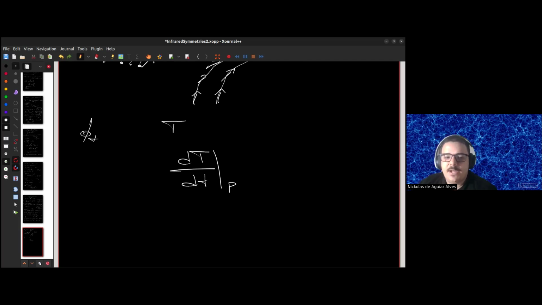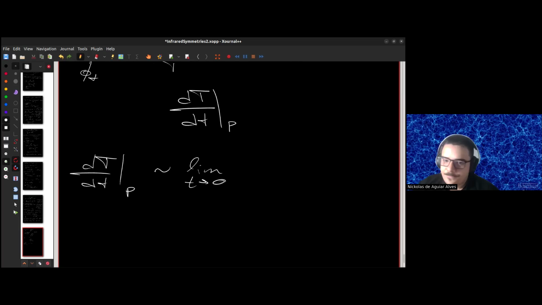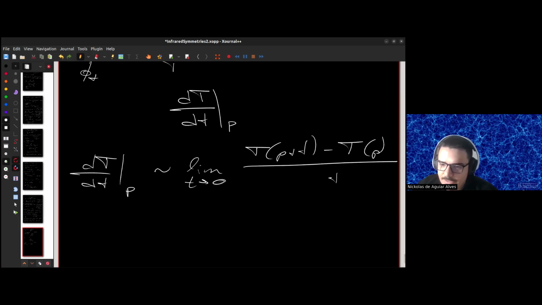So as I change the value of t, how exactly does my tensor field vary at the point P? And in silly symbols, so to speak, I would write this here as being something like a limit as t goes to 0 of the tensor at P plus t minus the tensor at P divided by t.